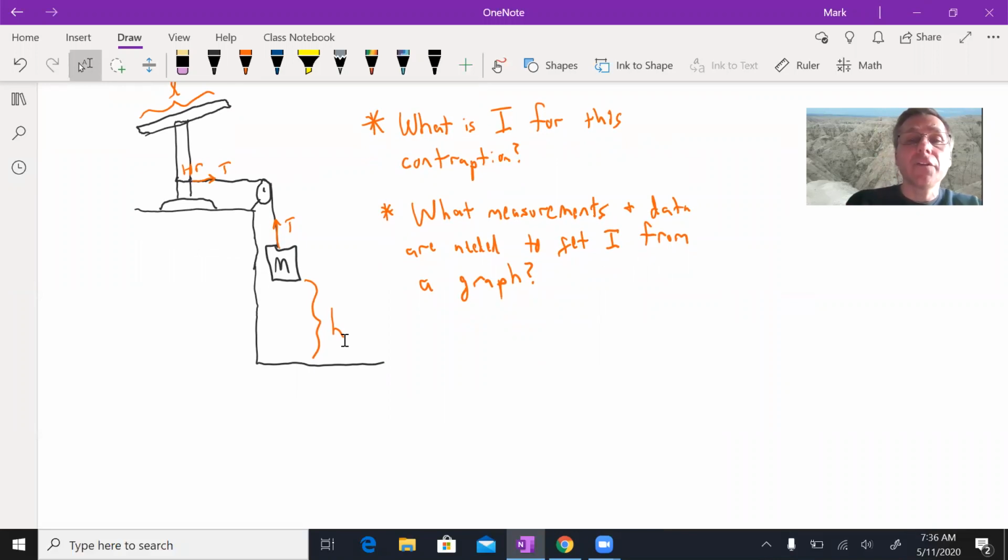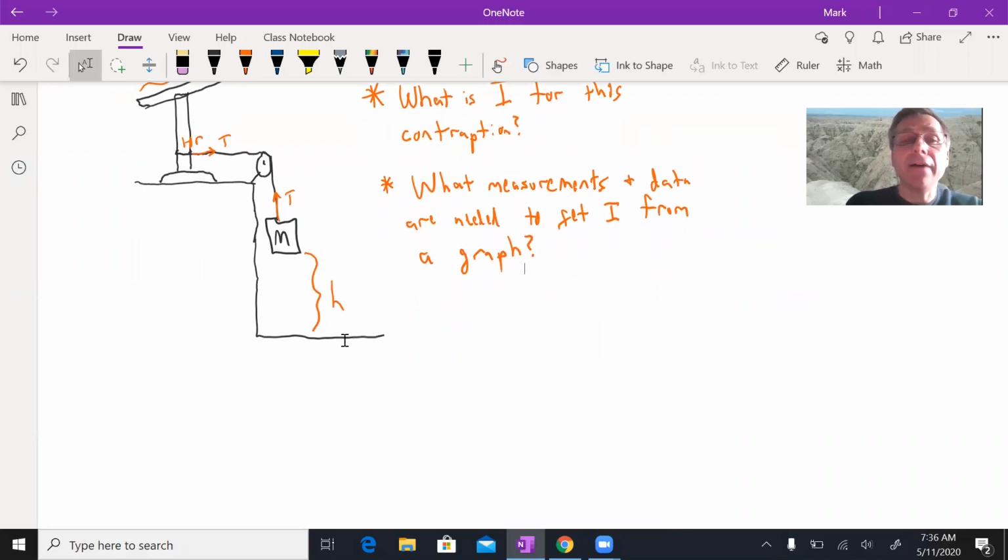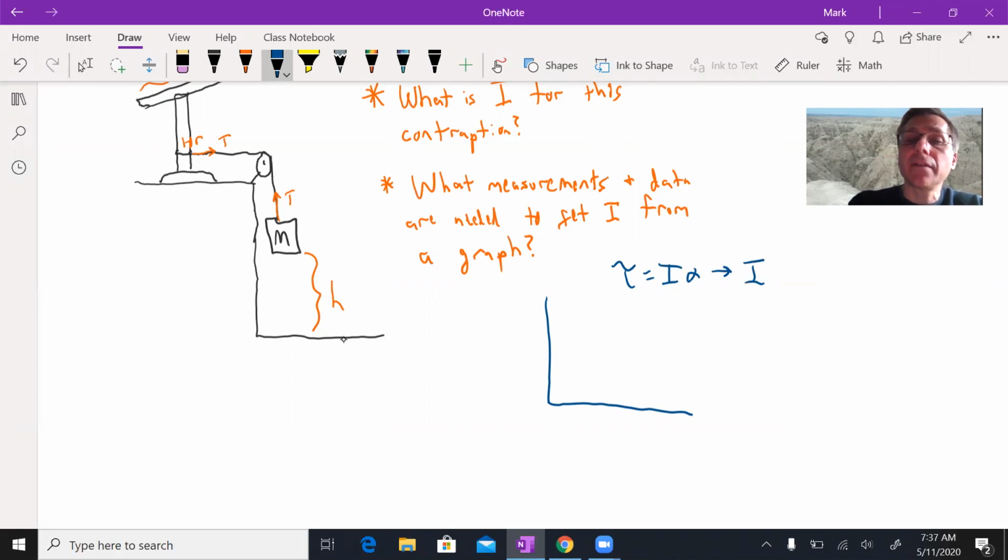First thing is, ultimately what we're after is a graph. If we think in terms of torque equals I alpha, that implies that the moment of inertia that we're trying to find is torque divided by an angular acceleration. That alone sets up what the graph should be.